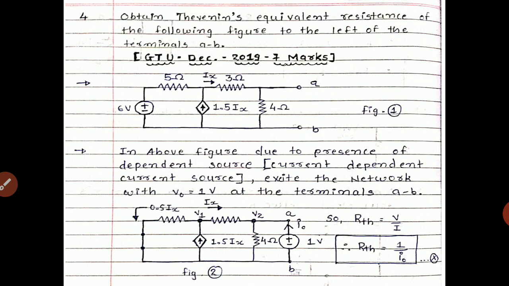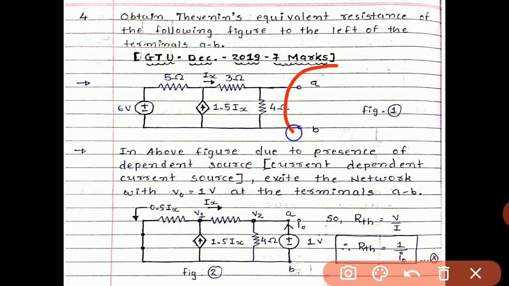This question was asked in your GTU exam, December 2019, for 7 marks. Again we repeat: obtain Thevenin's equivalent resistance of the following figure to the left of terminals A and B. So from this terminal we have to develop Thevenin's equivalent resistance.